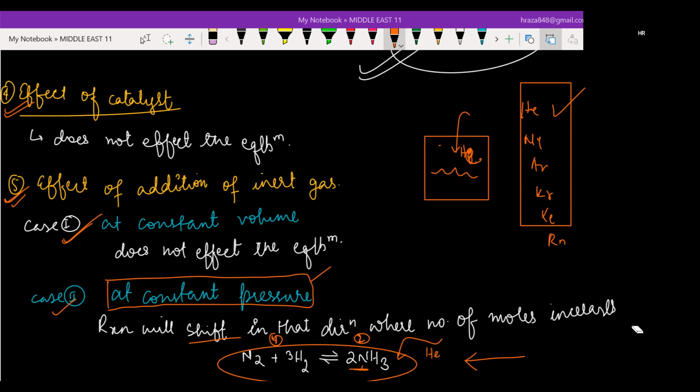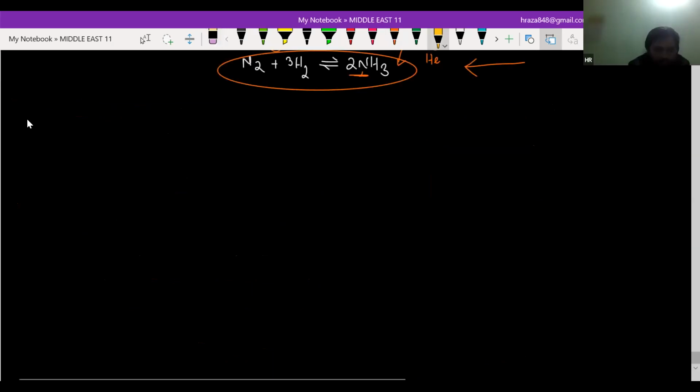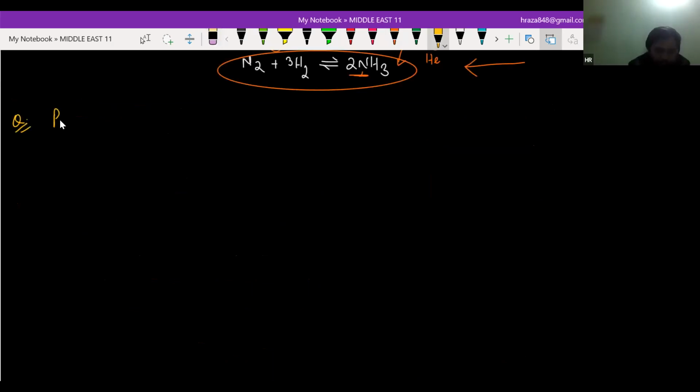Okay, so I'm going to give you a question. Predict the direction of equilibrium.